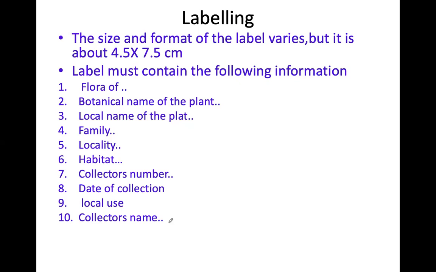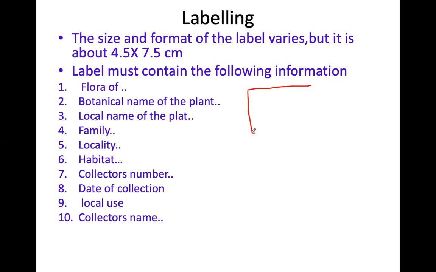What are the steps after the mounting and stitching? Labeling. After mounting the specimen, a label is glued on the lower right corner of the sheet. The size and format of the label varies, but it is about 4.5 by 7.5 centimeters. I will draw a herbarium sheet.